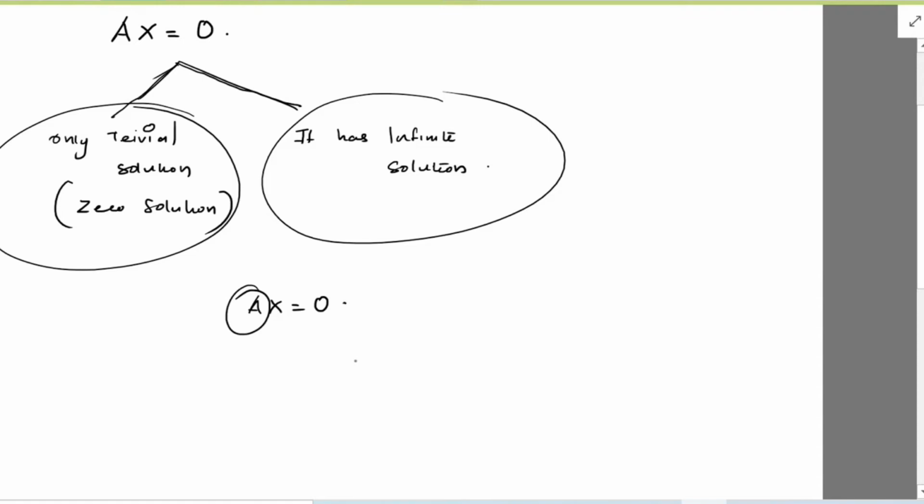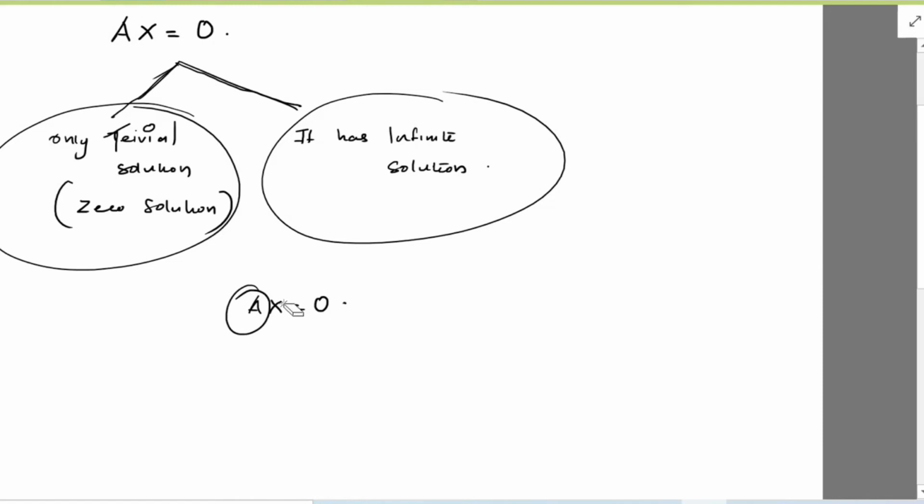Trivial solution means that it is the zero solution. For a homogeneous system, it always has a solution. Zero will always be a solution. That is called the trivial solution. So the two possible cases are that it may have only the trivial solution or it may have infinitely many solutions.